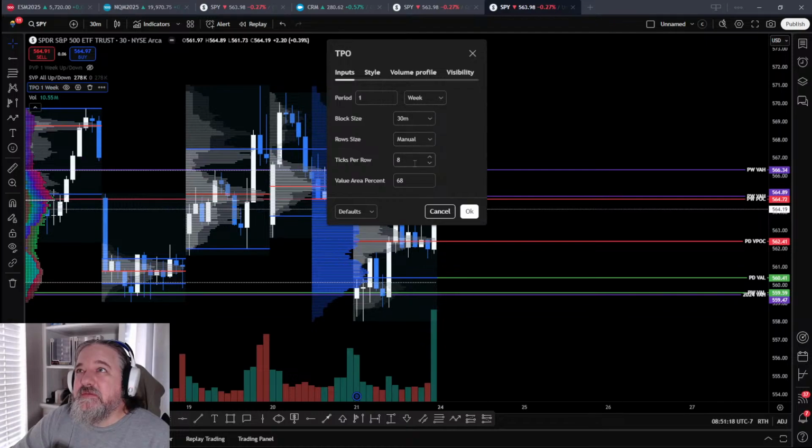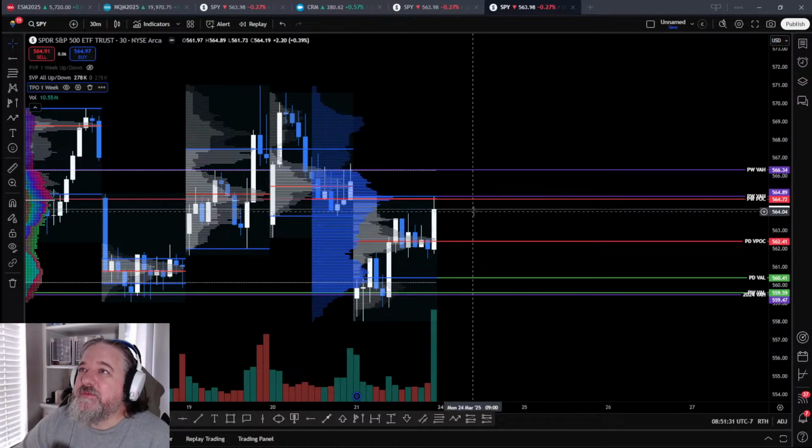Inputs. Ticks per row, I think, is 4 for SPY. You can also just leave it on automatic. It's really kind of up to you.